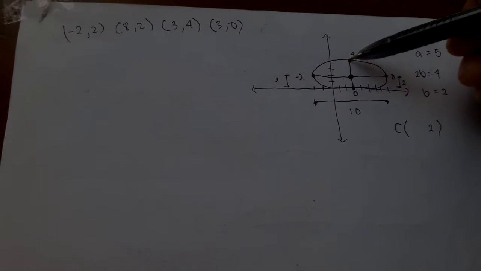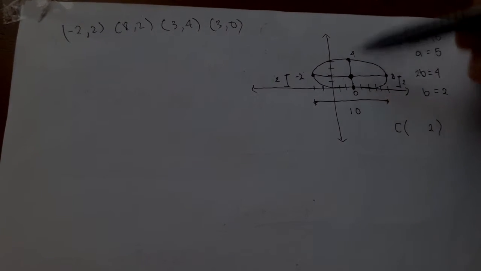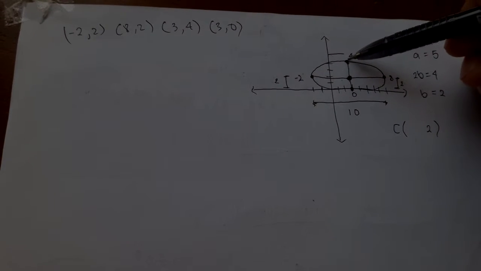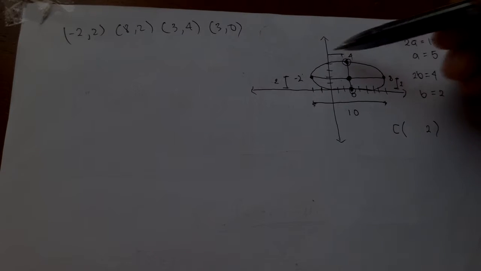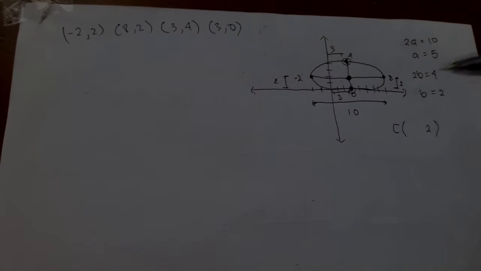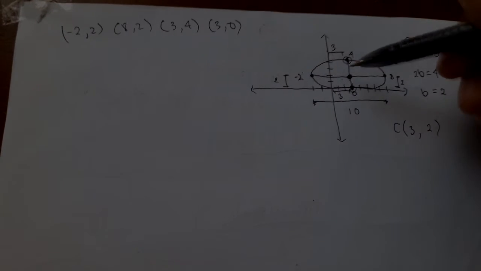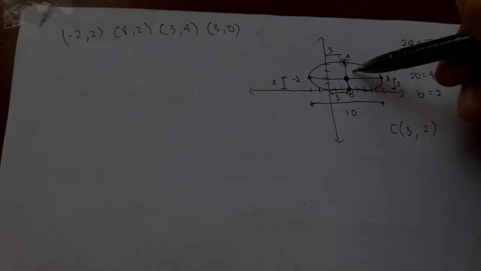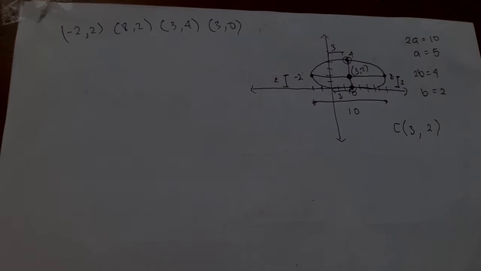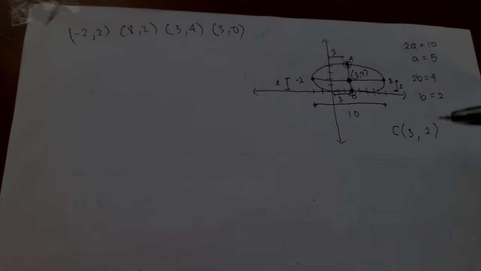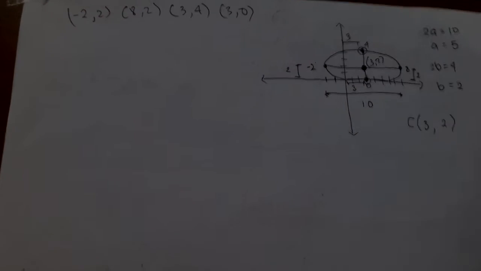Then the x is, since the x of these coordinates are both 3, the x of the center is 3, then 2 there. Now we already have the a, the b, and the center. We now proceed to finding the equation.